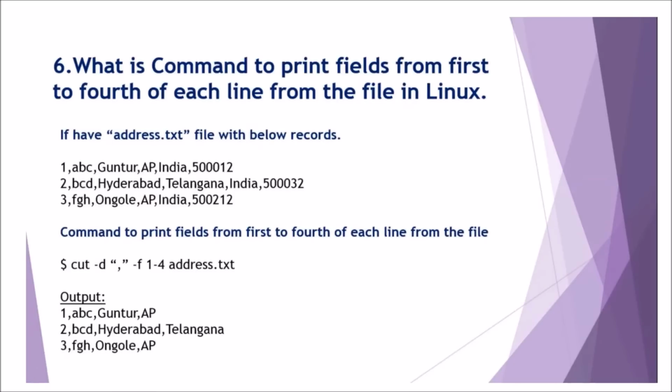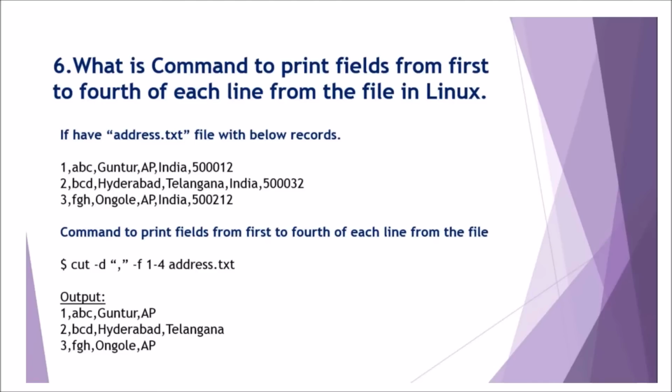The sixth question is, what is the command to print fields from first to fourth of each line from a file in Linux? So I have one file with the name address.txt. It has 3 records and every field is separated with a comma. So it is a comma delimited file, and all records have 6 fields, but I don't want all the fields, I need only the first 4 fields.